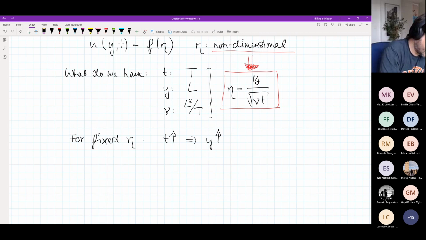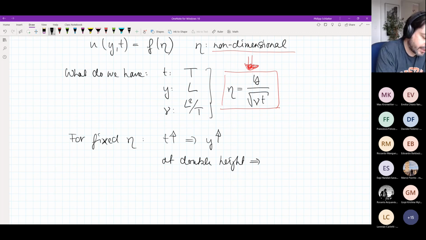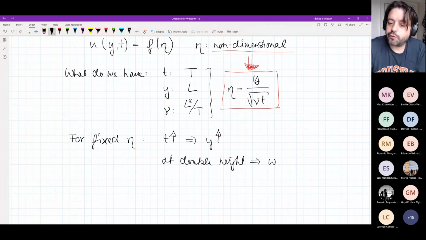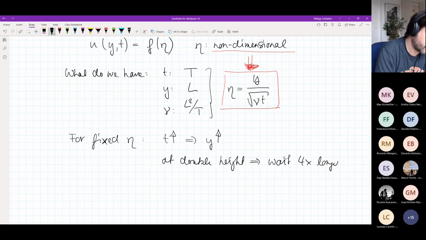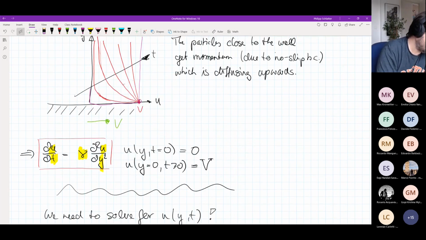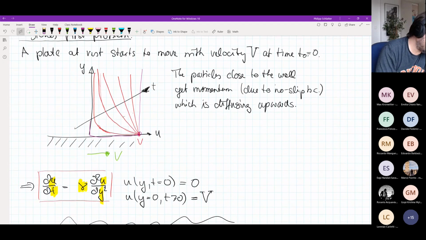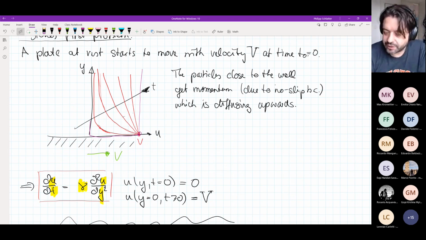So at a double height, that would correspond to a time that is 4 times later. And of course, that's exactly what would happen here. For a fixed eta, so for a fixed value of my solution, if I increase the y by a factor of 2, it would correspond to a time that is 4 times later.